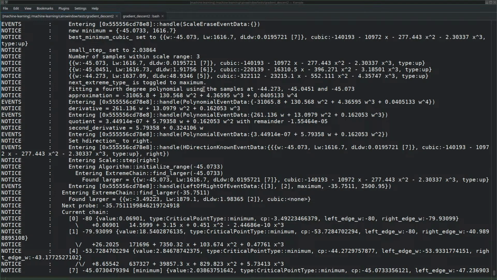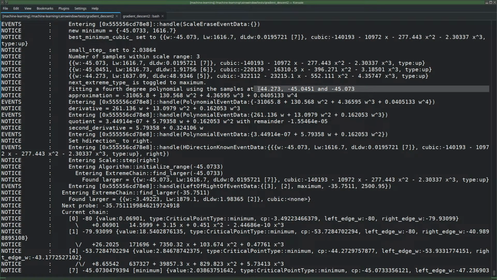Fitting a fourth-degree polynomial using these samples. Train derivative, quotient, second derivative. Set hdirection to right. Step right. Calling initialize range. Found larger is that.